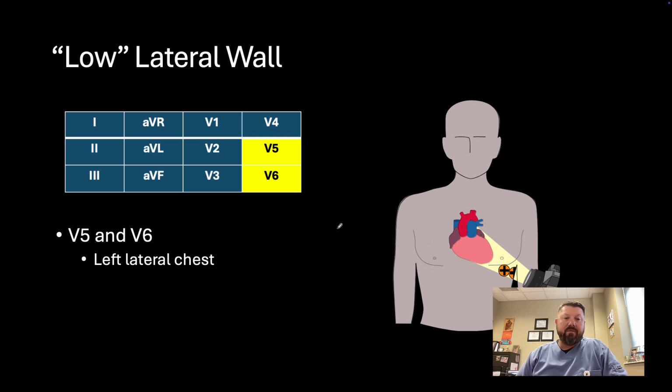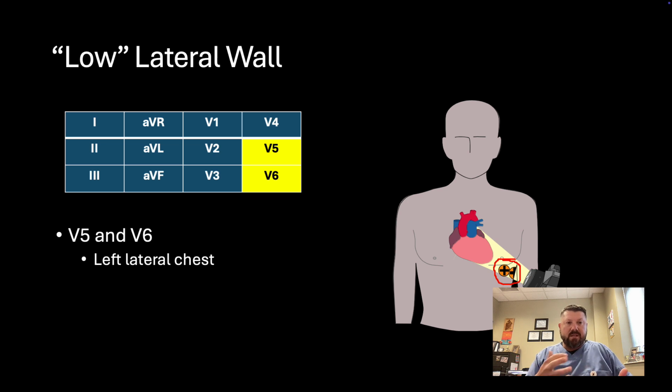Your low lateral, V5 and V6. So your positive with these are going to be V5 and V6 that you put on the chest. So remember, your V leads, V1 through V6, are unipolar and they record on the horizontal plane, whereas leads 1, 2, 3, AVR, AVL, and AVF, they record on the vertical plane.